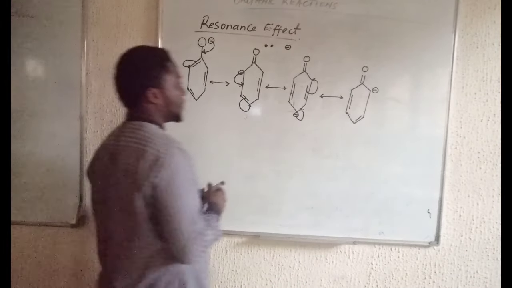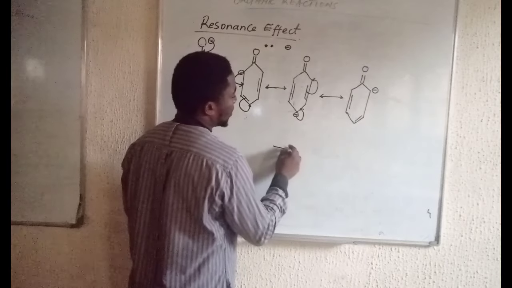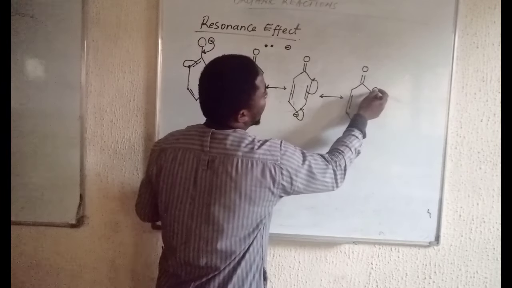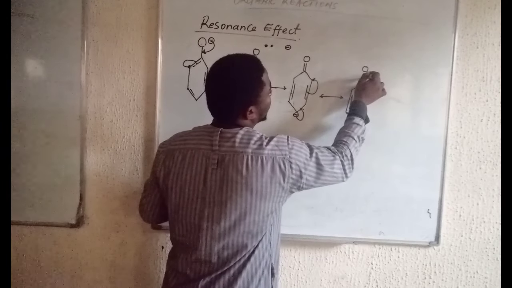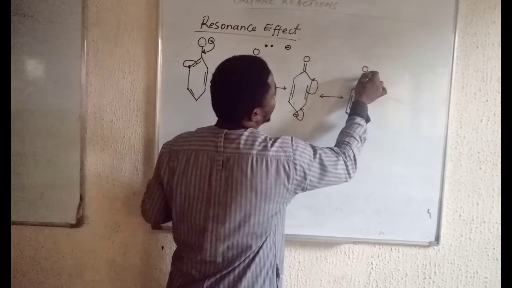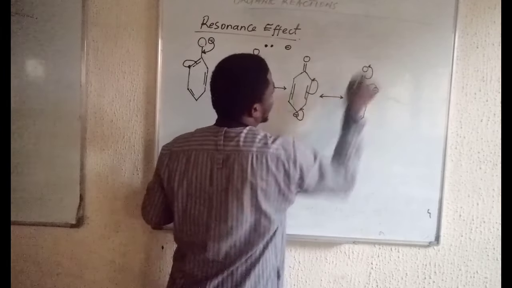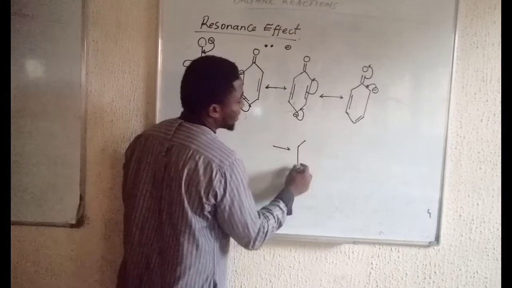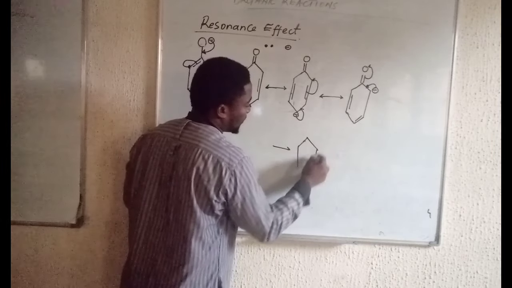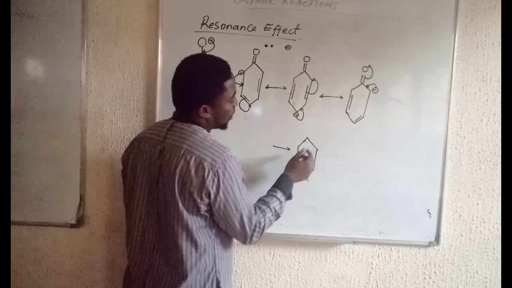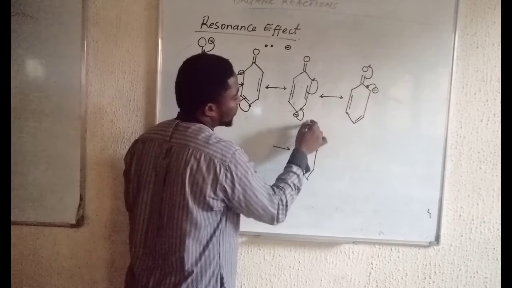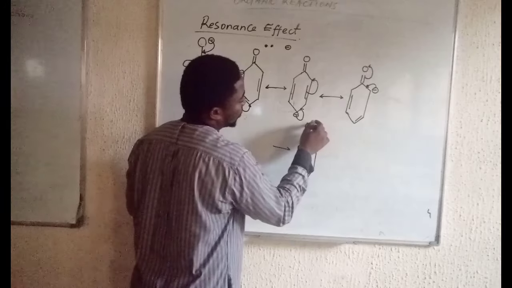Now finally, which is the fifth one, the negative charge here is going to drift to this place, causing this electron here in the pi bond to go back to oxygen. And that will give us the last resonance structure of the phenoxide ion. So the phenoxide ion is meant to have 5 resonance structures.